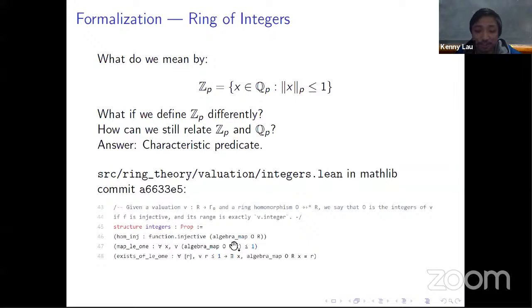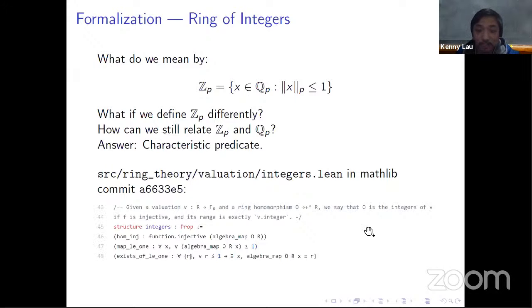We want to say that the norm of everything in the range is at most 1, and we want to say that anything that has norm at most 1 comes from this ring of integers. This is precisely how we characterize being a ring of integers. And this is in Mathlib. This code is in Mathlib here. The line numbers are here.